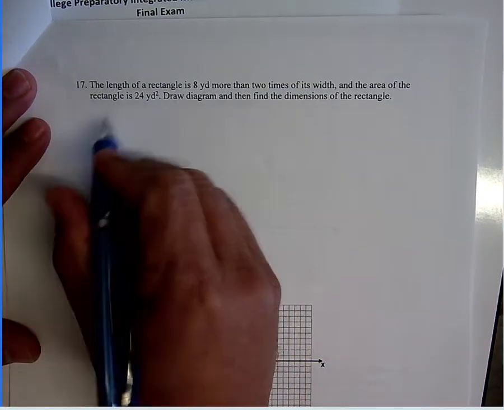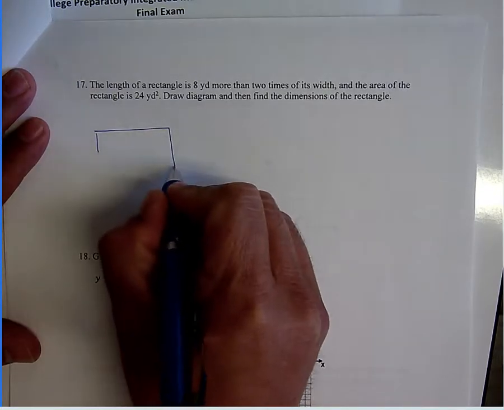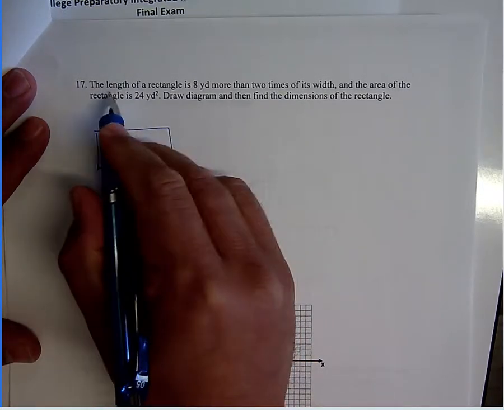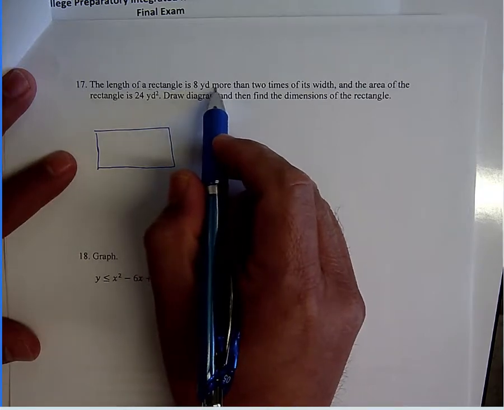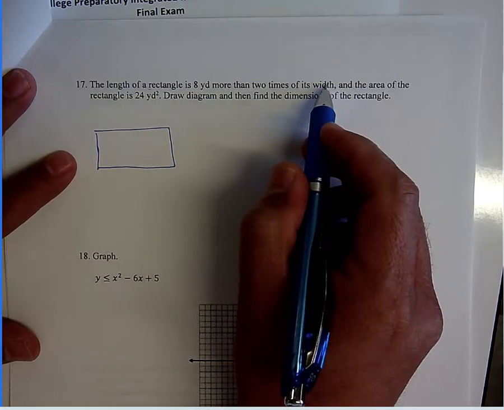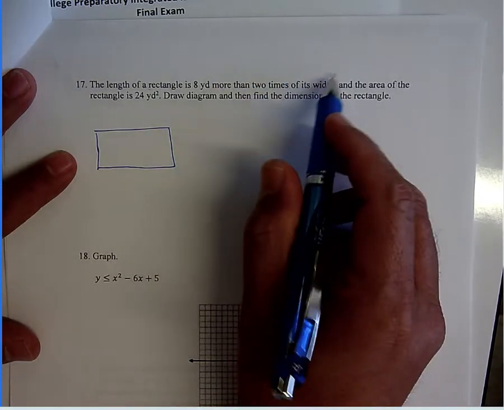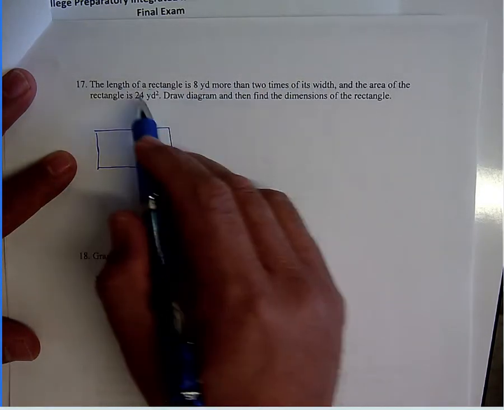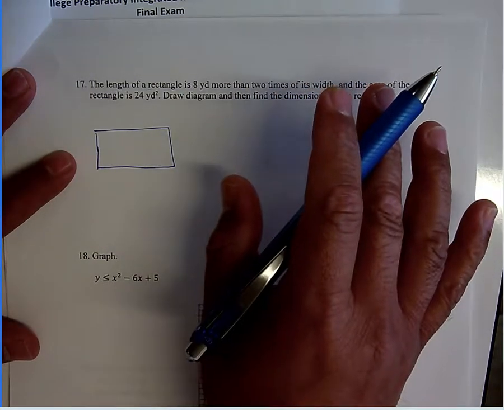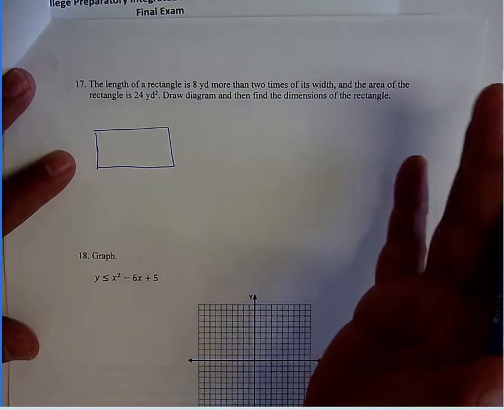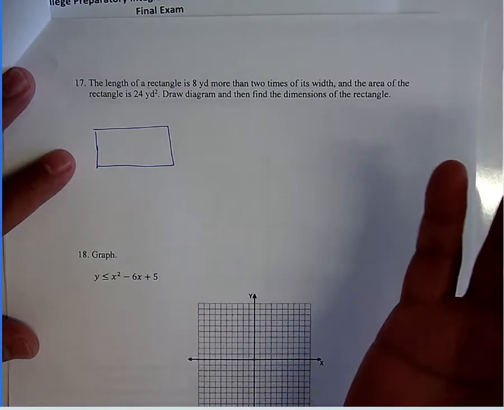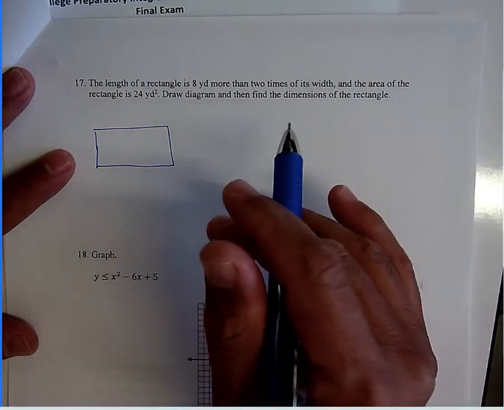They're talking about a rectangle, so I would just draw a rectangle. The length of a rectangle is 8 yards more than 2 times its width. So this is like the quiz question that I gave you. A lot of you got it wrong, and then you guys will think, well, it's right, the question on the quiz, but it was an addition question. That's why it was right.